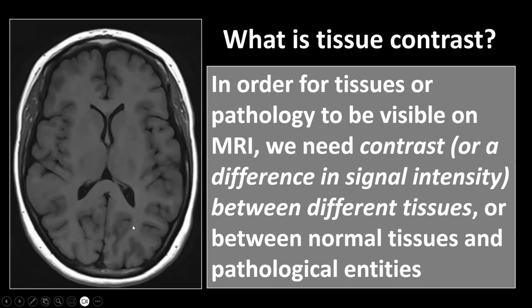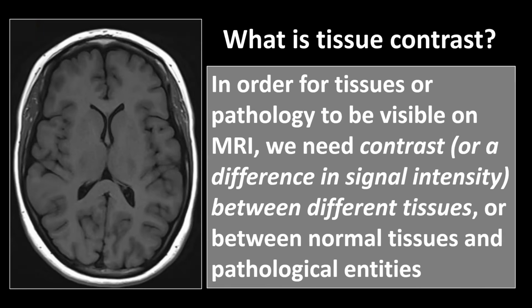For instance, the brain contains white matter, gray matter, there is water in the ventricles, it is surrounded by bone, by a scalp. We want to be able to distinguish all these parts, so we need to see a difference in the signal intensity of these different tissues to be able to recognize them on an image. That is what tissue contrast is.